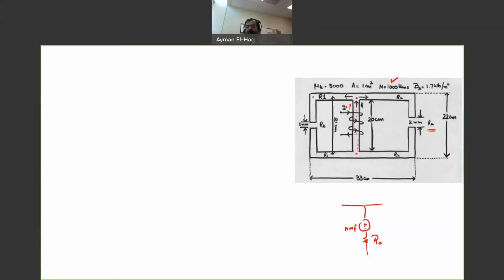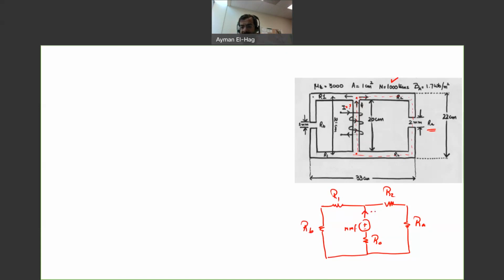On the right, we have this mean path minus the air gap, and the air gap, so two reluctances: reluctance 2 and RA, the same name given in the question. On the left, we have reluctance 1 and the reluctance of air gap B. So this is our equivalent circuit.